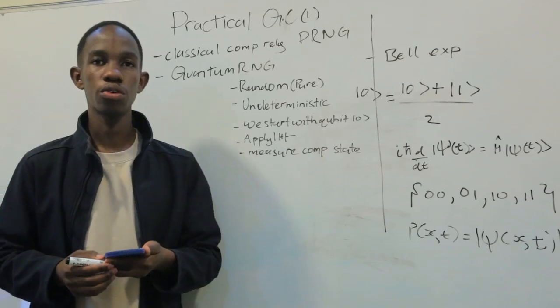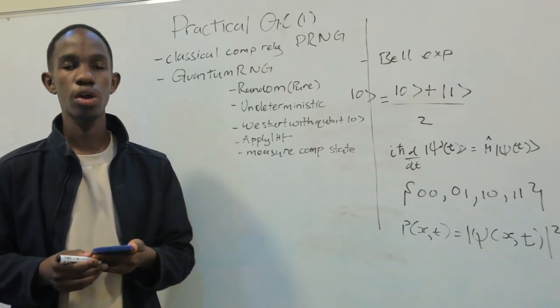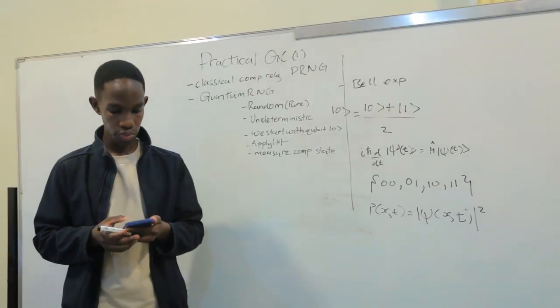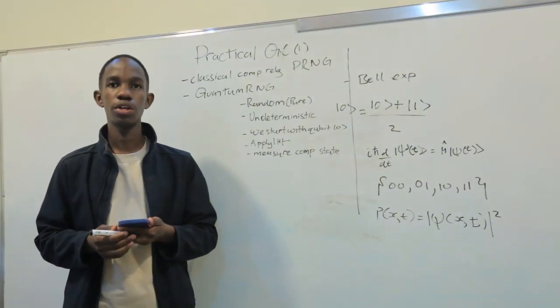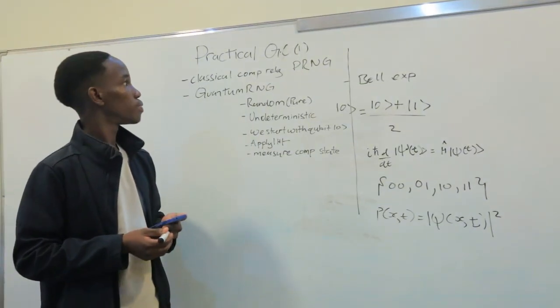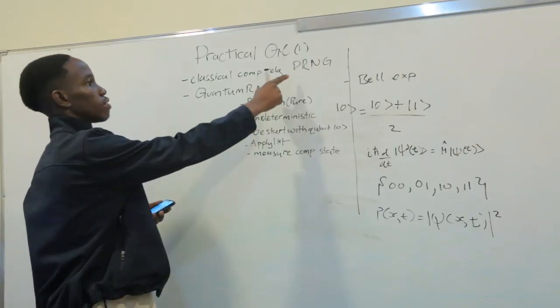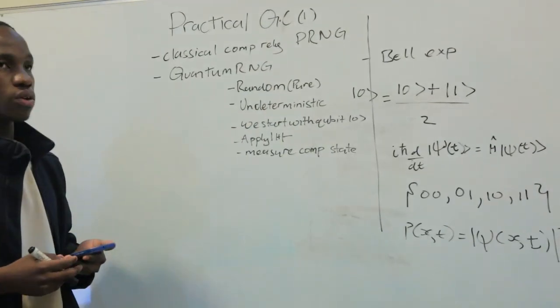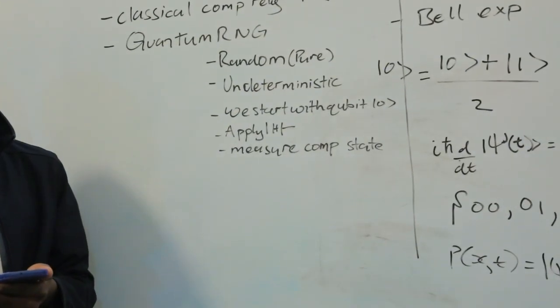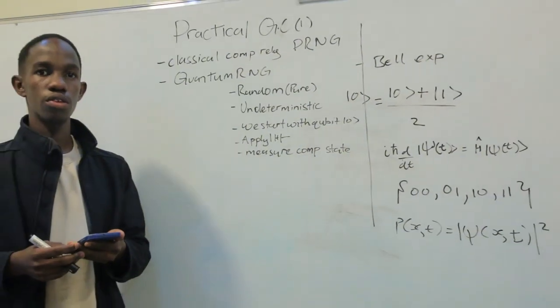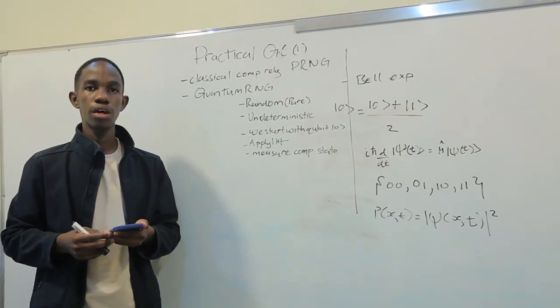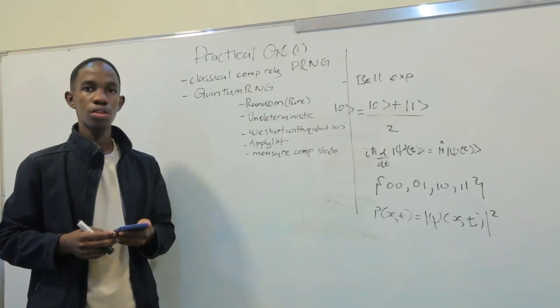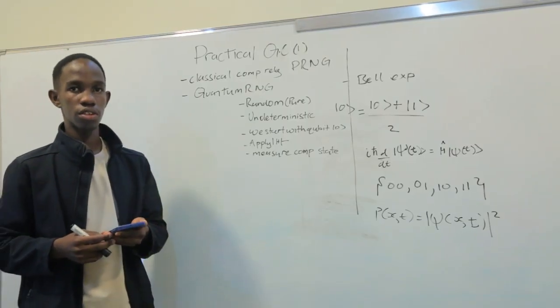And in classical computing, we have pseudo-random number generators. So, what are pseudo-random number generators? As you can see here, in classical computing, we use pseudo-random number generators, and these rely on mathematical formulas. And if the initial seed is known, then they may become irrelevant.